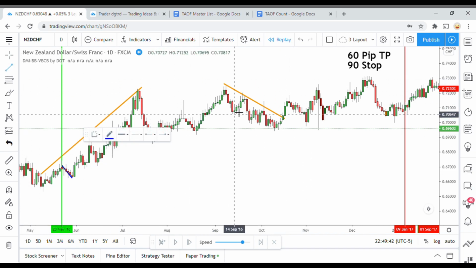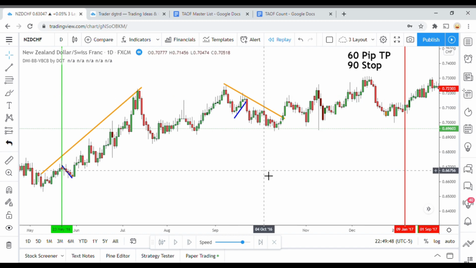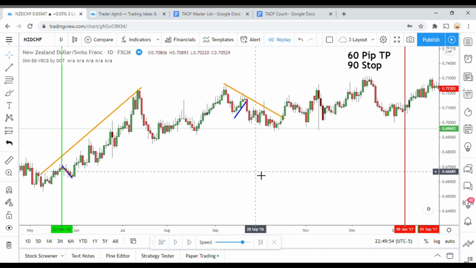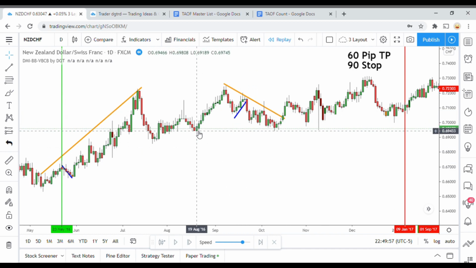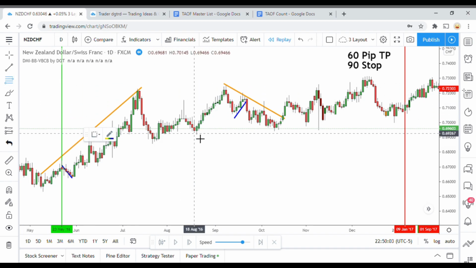And then on this move, it has a really strong correction, probably almost exactly at the 50% Fibonacci retracement from here to here. And so you see this a lot.